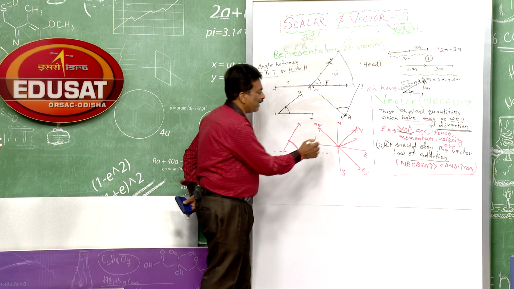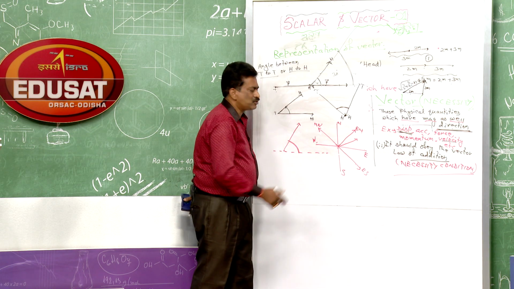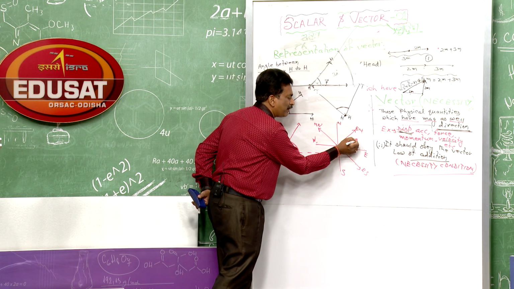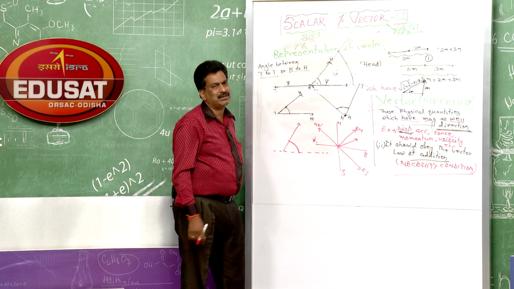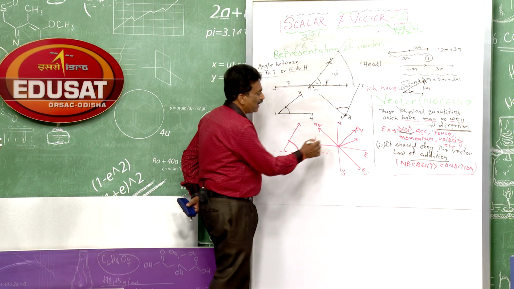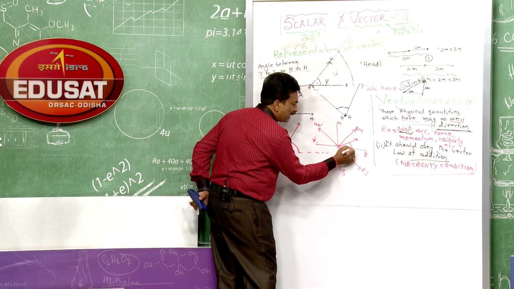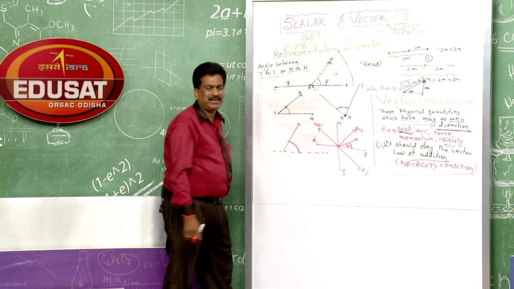Suppose I say this is one. We already took this as east north. Suppose you say this is another vector, this will also be east north, then there is a confusion. In that case, we have to count what angle it makes. Suppose this angle is 30 degrees.